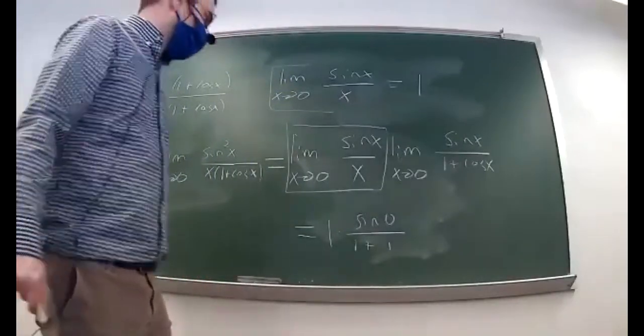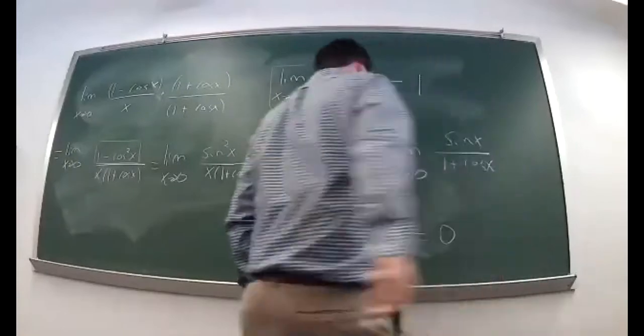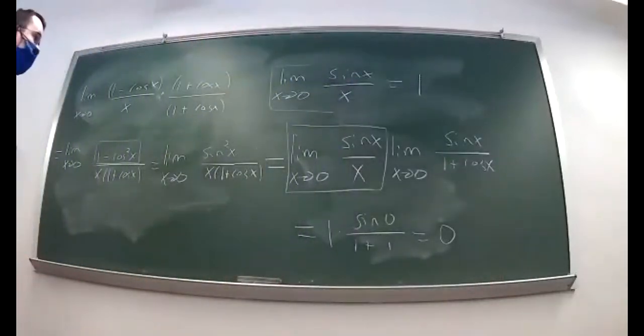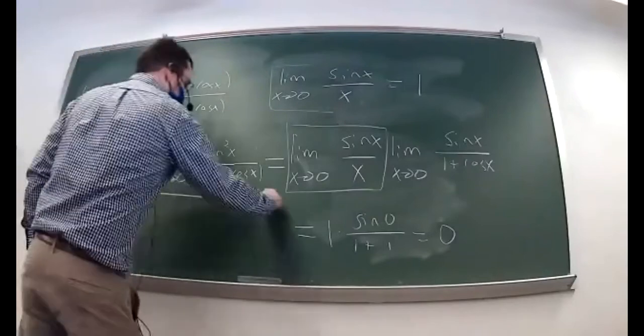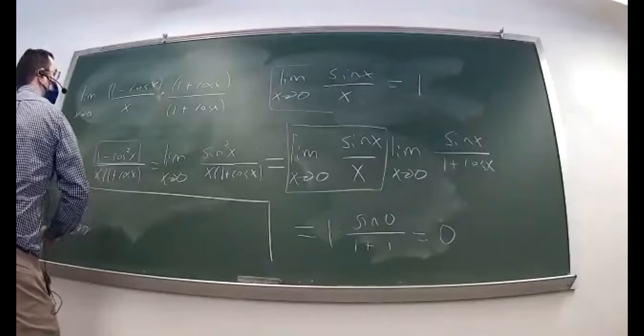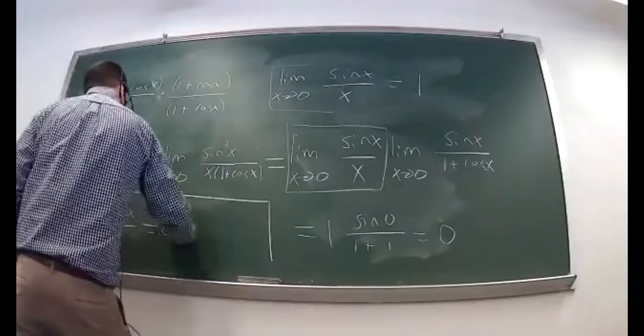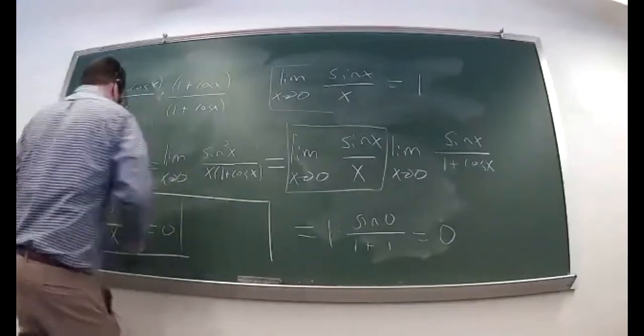Cosine of 0 is 1. So it's 1 times 0 over 2, which is 0. And so that proves that the limit as x goes to 0 of 1 minus cosine x over x is actually equal to 0.